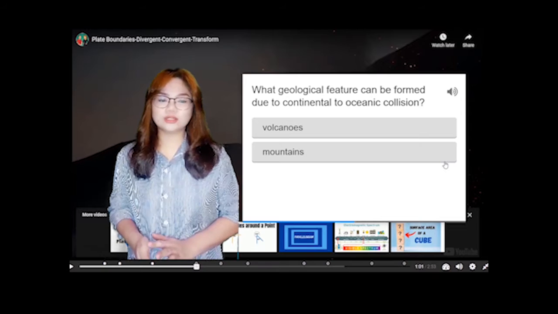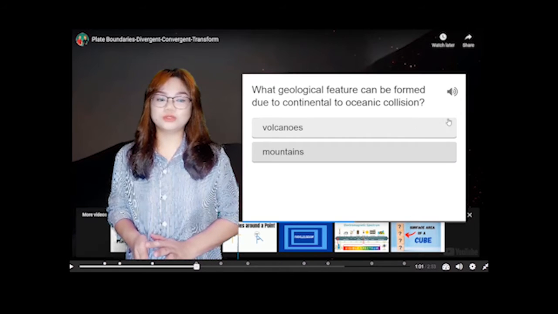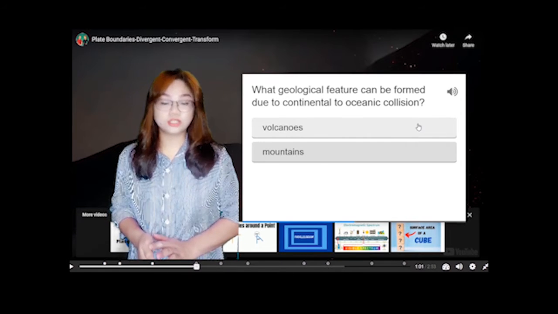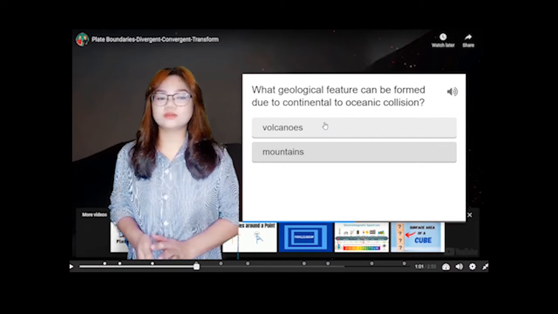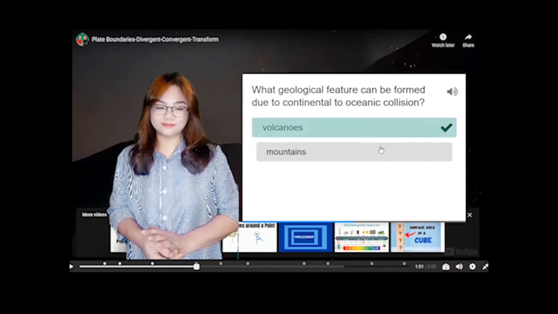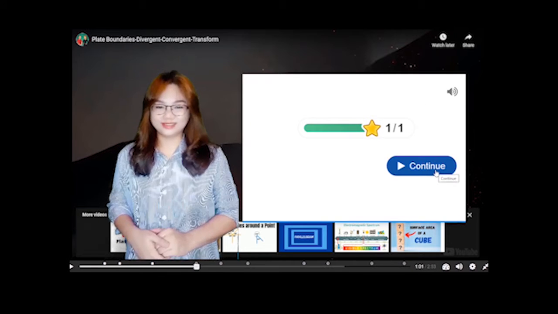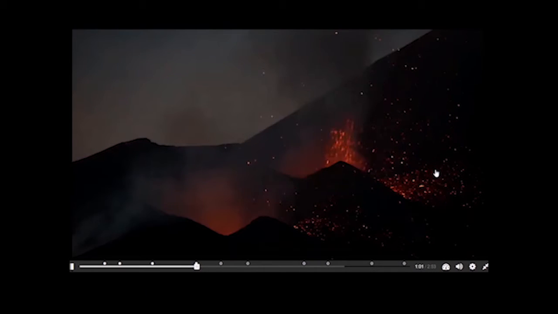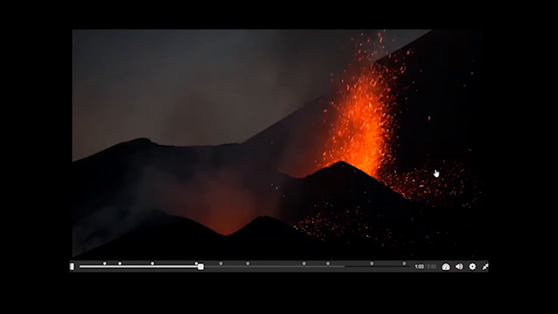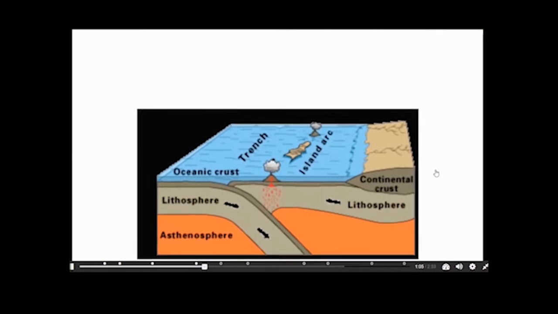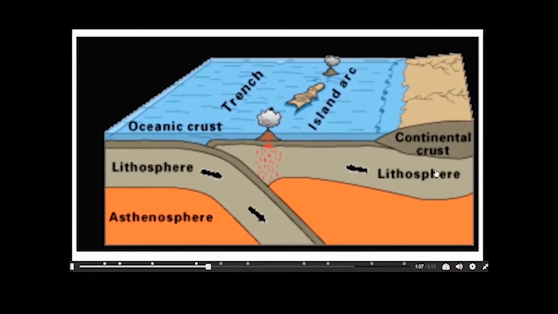Next question. What geological feature can be formed due to continental to oceanic collision? Would that be volcanoes or mountains? Volcanoes? We'll see. Cool. Ocean to ocean collisions occur when two plates of oceanic crust collide.